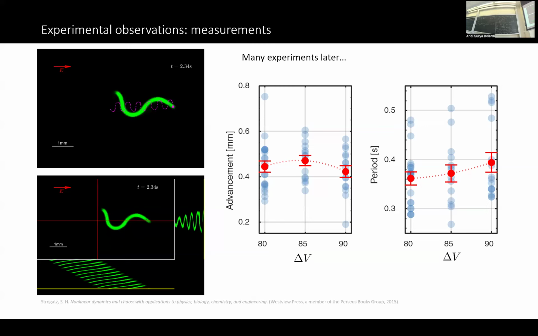Okay. What we see is that compared to other swimmers at this scale, it is quite efficient at swimming. It has an average velocity of half a body length per second, which is quite fast compared to previous attempts.